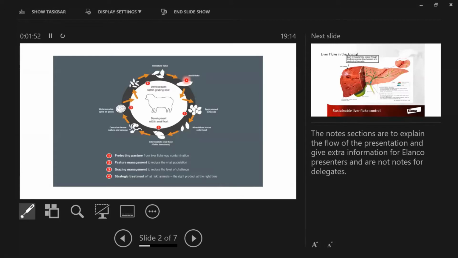There are different things we can do outside the animal, of course, so protecting our pasture from liver fluke. We'll talk a little bit about that later on when we're talking about different treatments. Pasture management, so we can do something about our pasture, fixing leaky troughs or avoiding poached ground or decent drainage to a certain extent.